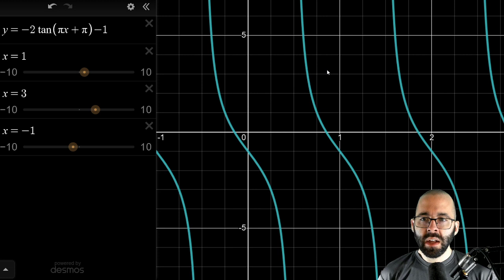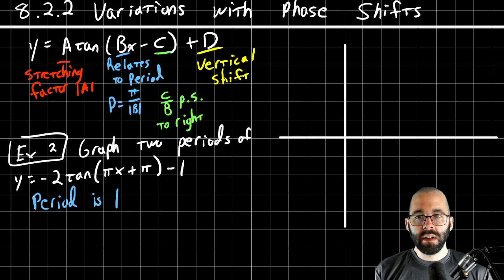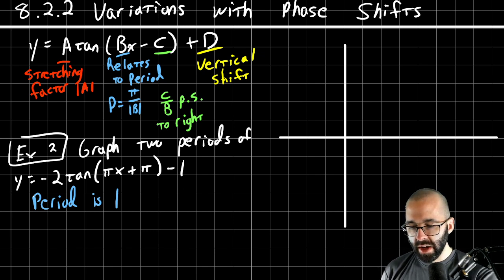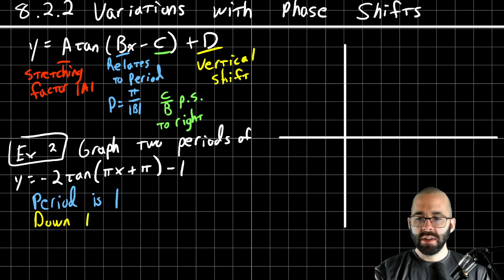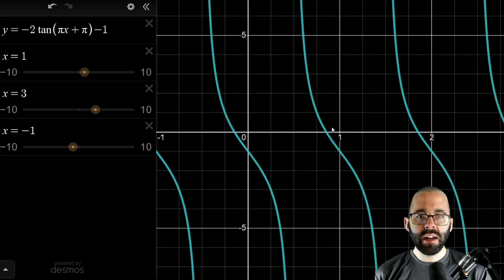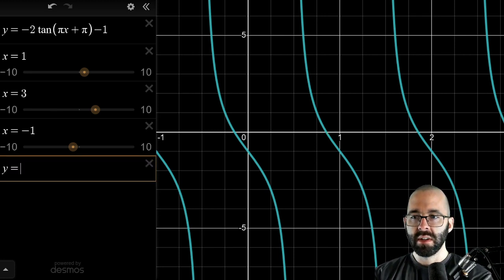Good. And now let's also look at our vertical shift. Our vertical shift is D. Our vertical shift is down 1. So let's look at that because it kind of looks weird. It looks unbalanced without looking at the vertical shift. Let's graph that vertical shift.